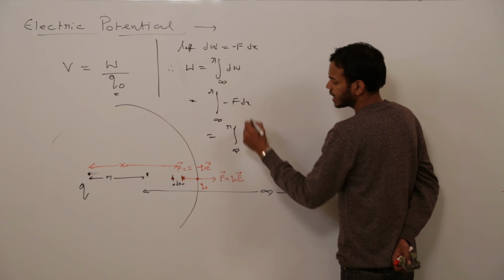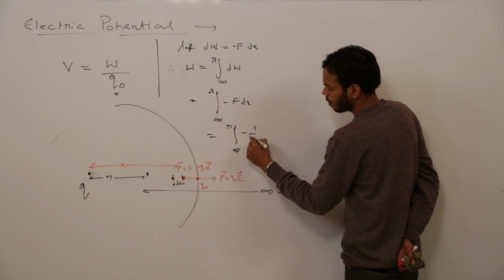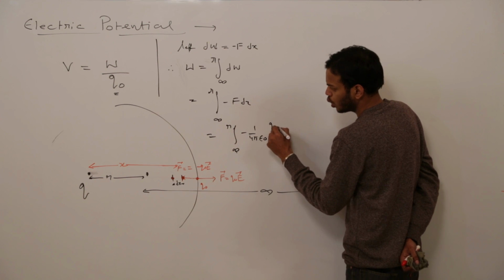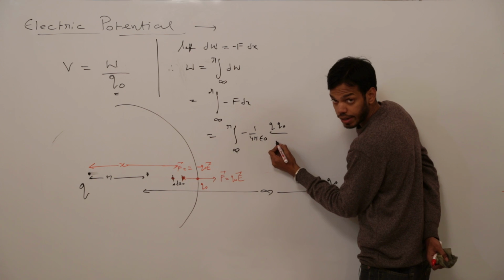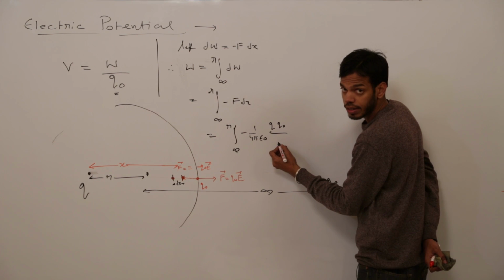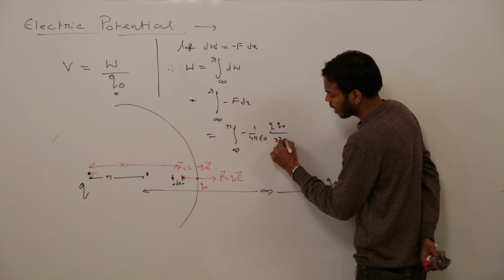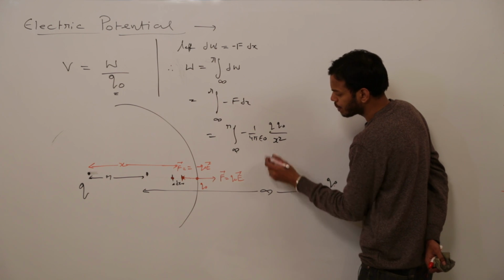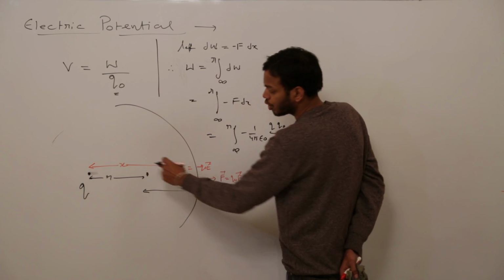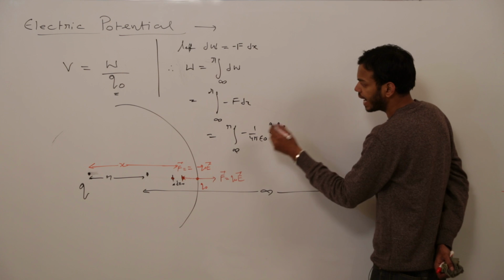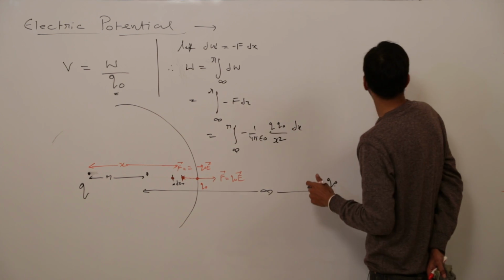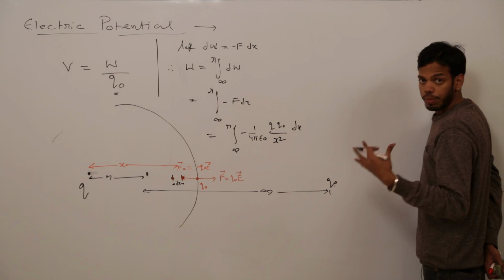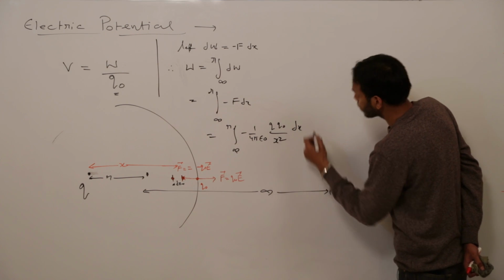What is minus F? Minus 1 upon 4 pi epsilon naught Q naught upon R square, or x square. Right now I would be using x because we have considered it to be at x distance, and that is why we are integrating it for a small value dx.